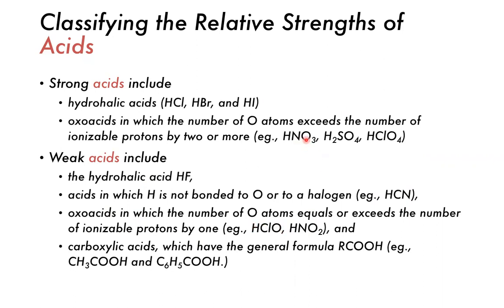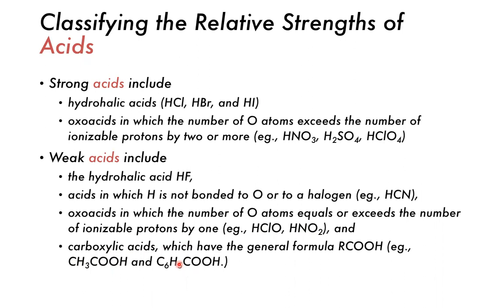That's a weak acid. Here, if we count the number, 3 and 1, that's a difference of 2, and 2 and 3. These are strong acids, whereas here the difference is 0 and 1. That's a weak acid. Carboxylic acids, which have the general formula RCOOH, for example acetic acid or benzoic acid, are weak acids as well.